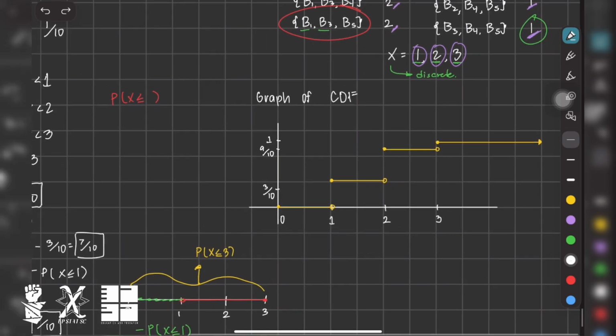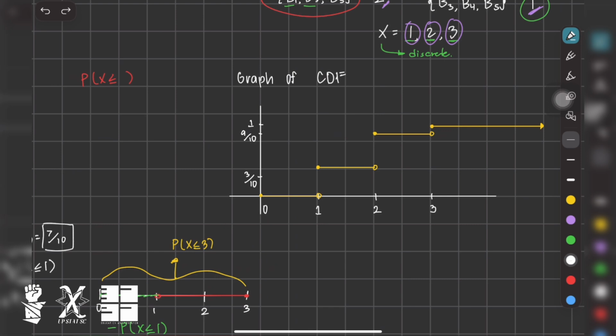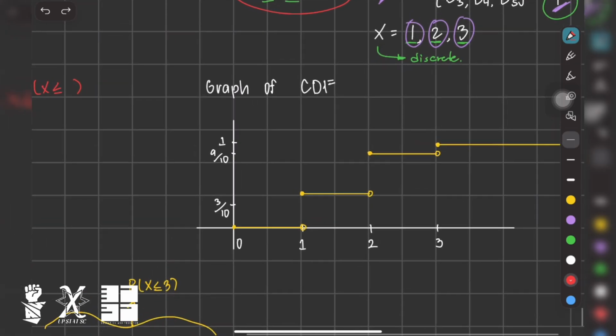Here you can see that when we are looking for values that are less than 2, this is your 2. Now, when you're looking at the values from the left, the limit from the left is 3 over 10.